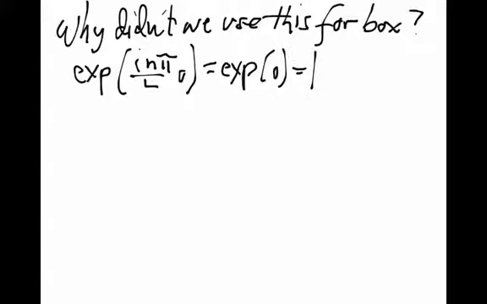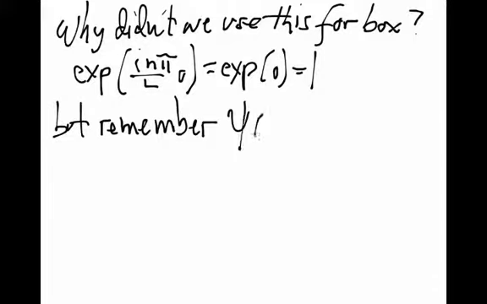Here's the problem. e to the i n pi over L times 0, if x equals 0, is equal to e to the 0, and that's equal to 1. That's not so good. Remember, the boundary condition of the particle in the box, because the wave function had to be continuous, was that the value of the wave function at x equals 0 had to be 0.